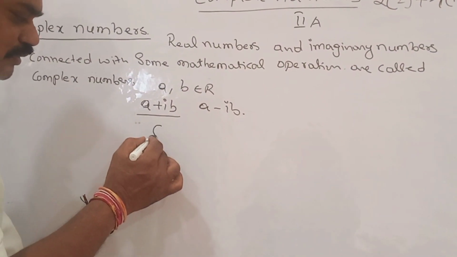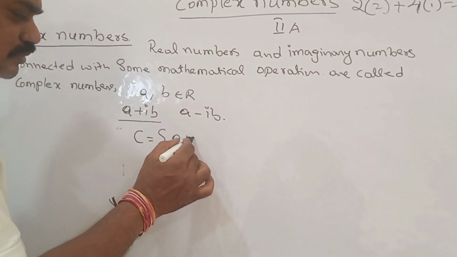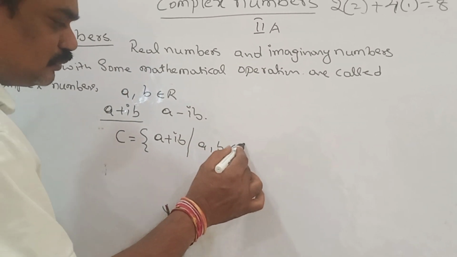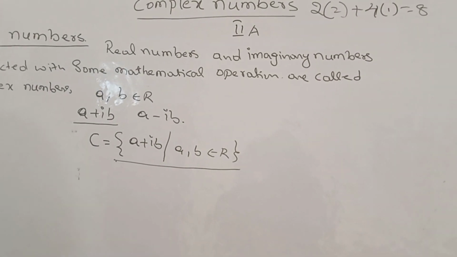The complex number set is represented by C: a plus ib, where a, b belongs to R. This is the complex number set.